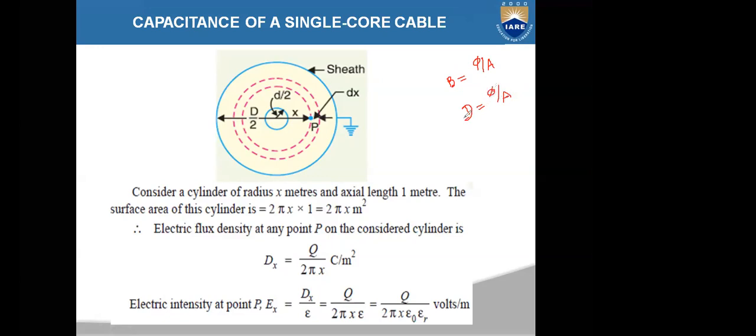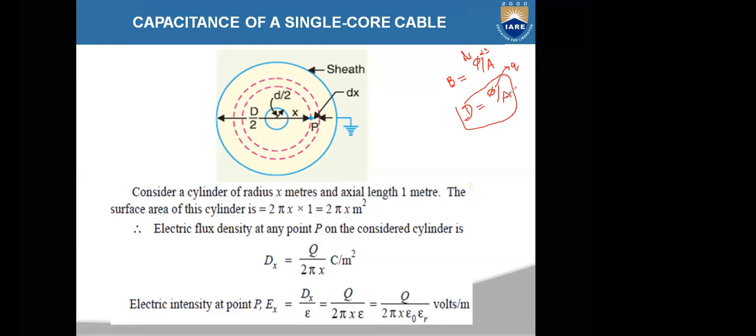While calculating D, this flux is the electrostatic flux, and for the magnetic flux density, this flux is the magnetic flux. So this flux depends upon the value of current flowing, and this one depends upon the charge.